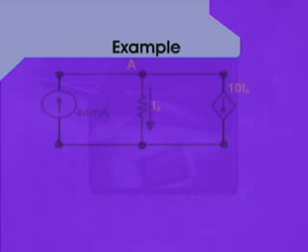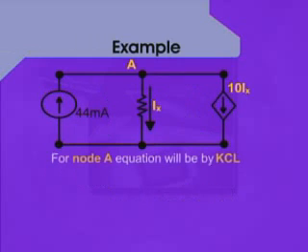So, we see again that there are two currents which are leaving node A, and the third one, which is 44 milliampere, is approaching node A.